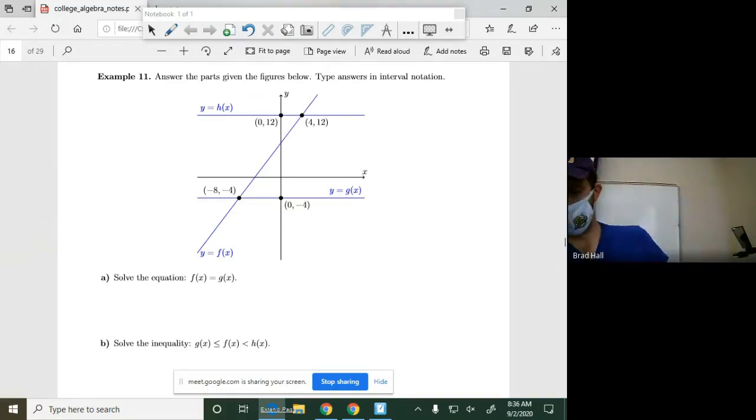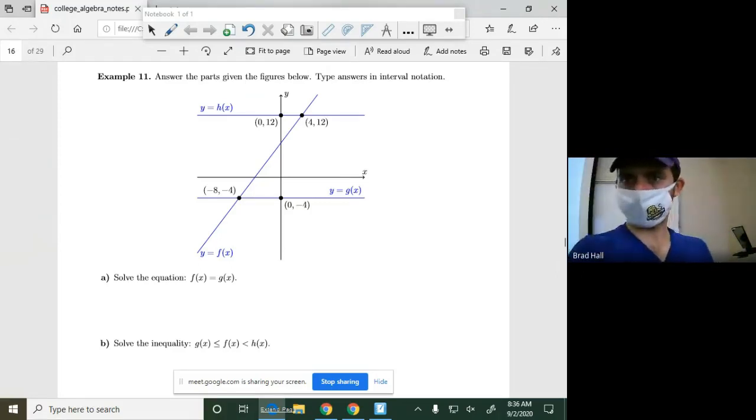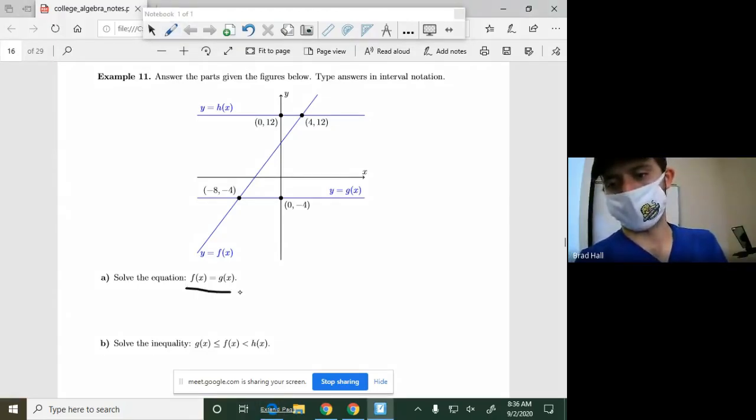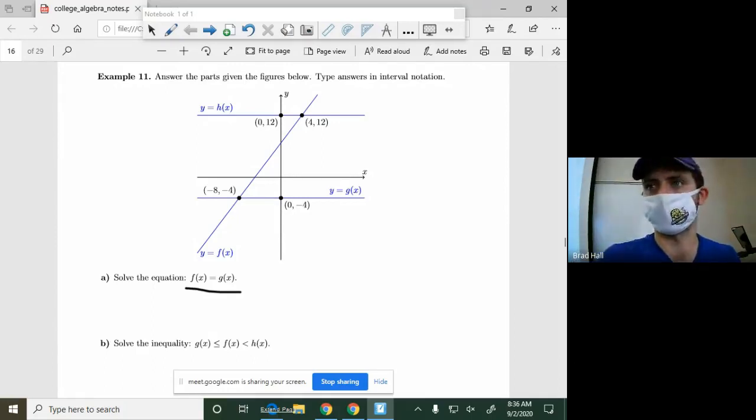So part A, of course, is asking for solving the equation when f of x is equal to g of x. When you solve an equation, you generally are looking for x. So it wants to know the x value such that the line that corresponds to f is equal to the line that corresponds to g. And what does it mean for 2 lines to be equal?